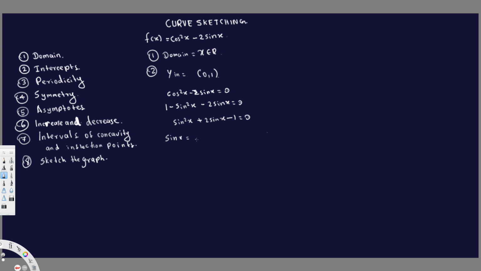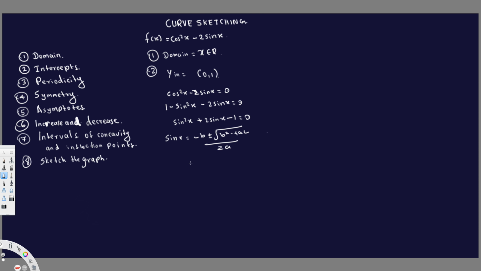I think you remember: sine x is equal to minus b plus or minus the square root of b squared minus 4ac, all divided by 2a.